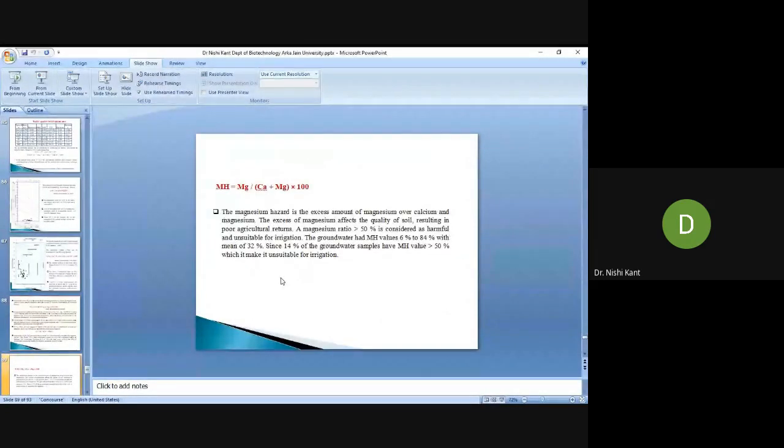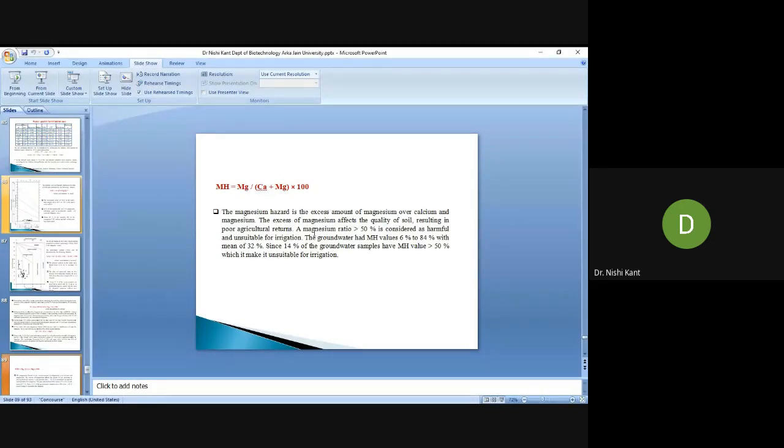This is the magnesium hazard formula. It is the excess amount of magnesium over calcium and magnesium. The excess of magnesium affects the quality of soil, resulting in poor agricultural returns. A magnesium ratio greater than 50% is considered harmful and unsuitable for irrigation.